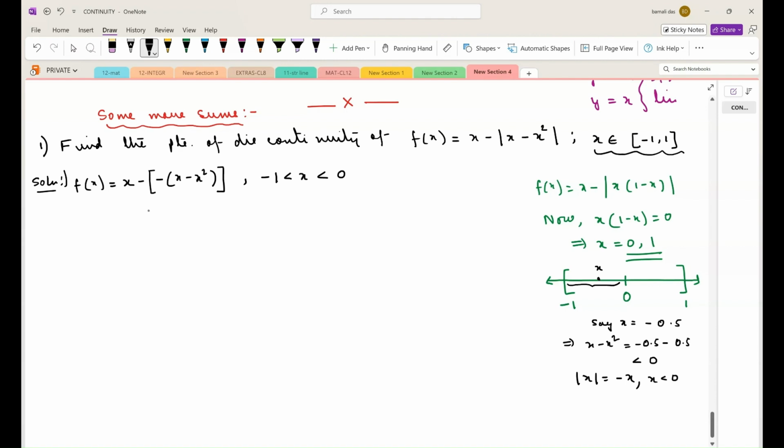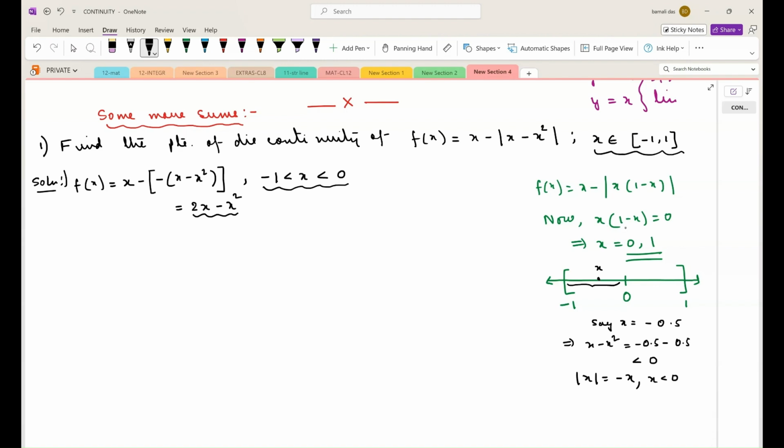That means the value is 2x minus x square, right? 2x, minus minus plus minus, right? 2x minus x square when x is in minus 1 to 0. So this is one branch.